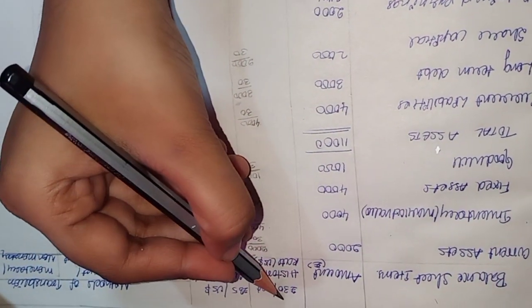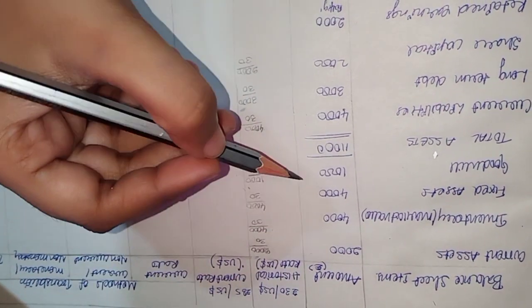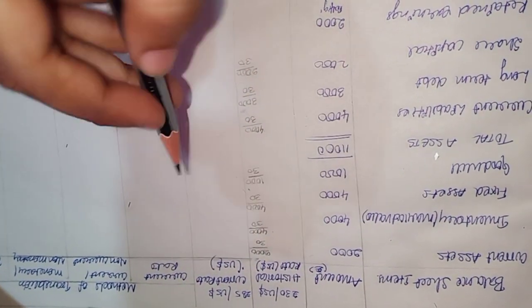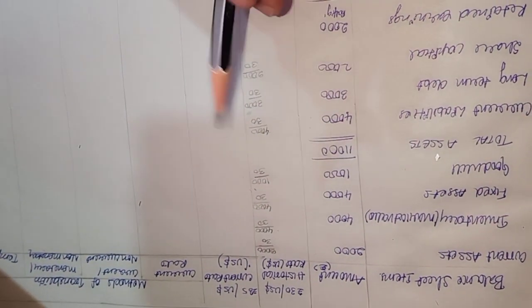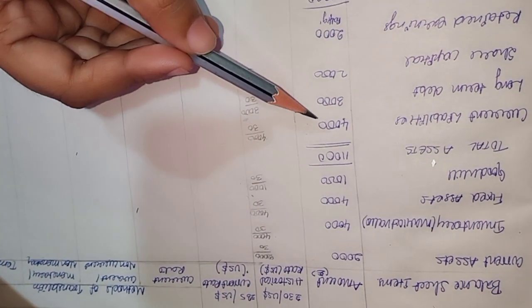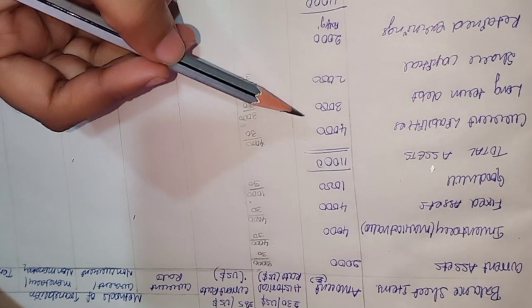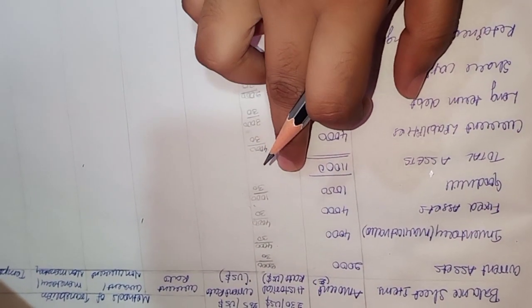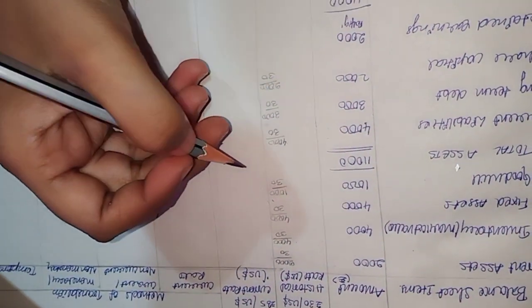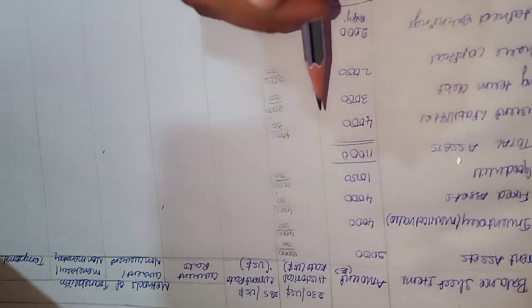2000 divided by historical rate, 4000 divided by historical rate, current assets and current liabilities also the same. Okay, current liabilities also same, girls. 3000 divided by 30. You are not supposed to do a total for this, girls.